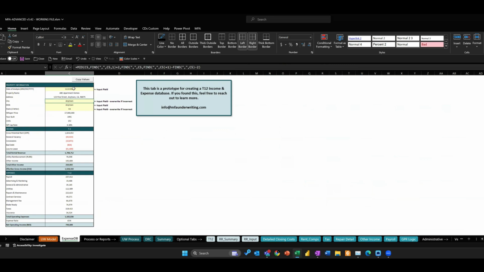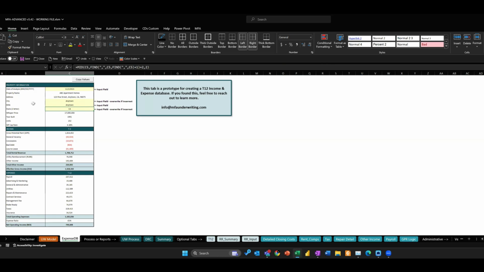You want to pay attention to a couple fields because not everybody is great about filling out these fields, but they are important for the expense database, which is: what is your date of analysis, what city, MSA, and what is the state? These are really important because they help with the filtering of the expense database.